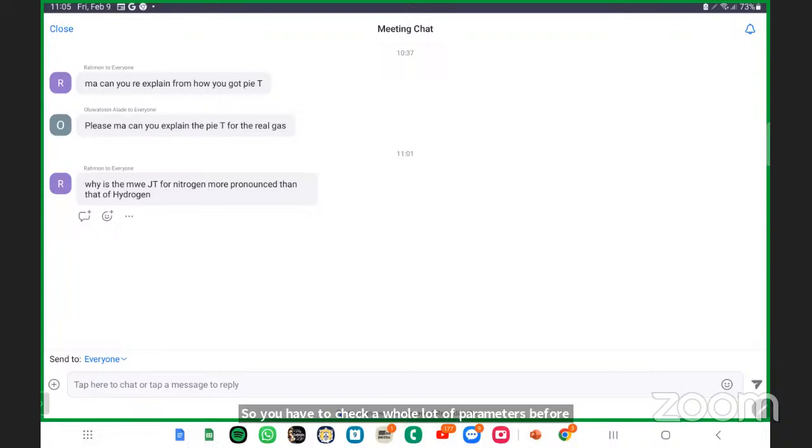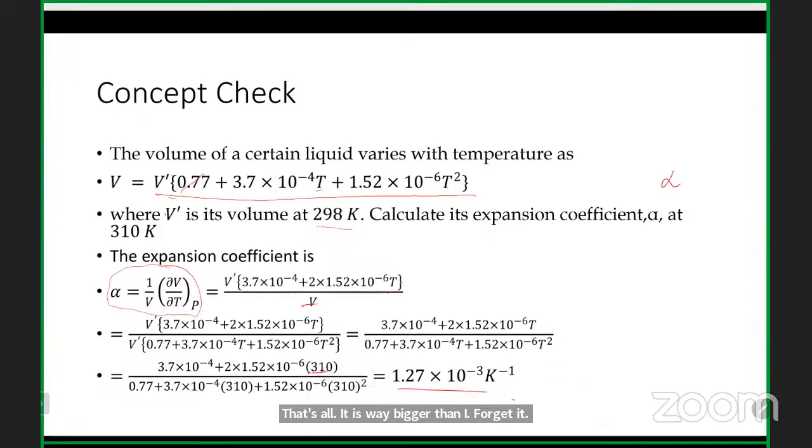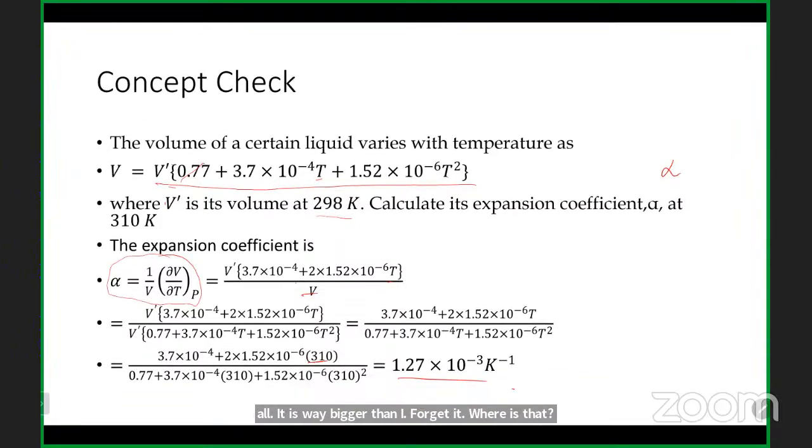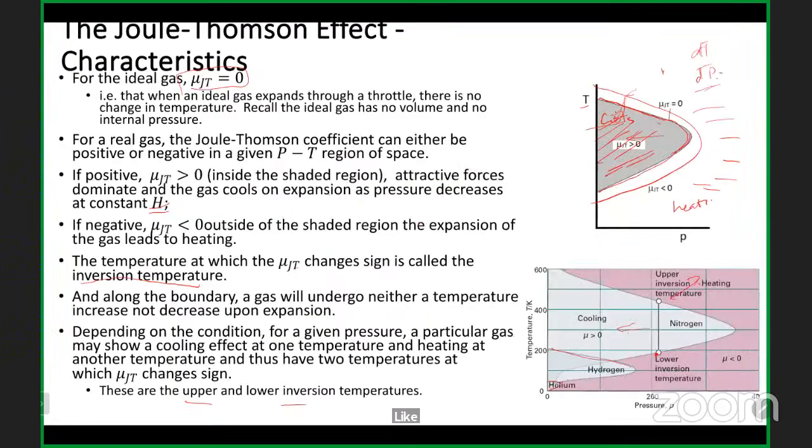So exactly why nitrogen is more pronounced is dependent on the property of nitrogen. Take, for example, nitrogen exists as a diatomic molecule. It is way bigger than hydrogen and helium. So we have N2, hydrogen, H2.